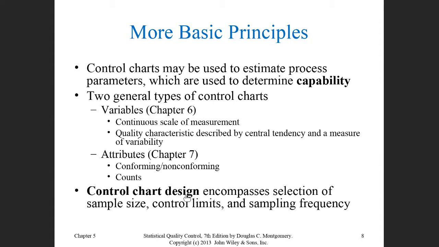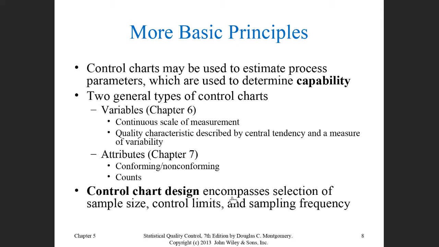The control chart design encompasses a selection of sample size, control limits, and sampling frequency. And this is what I was referring to. The control chart design will be working along with those things, as well as the type of data, whether it is variable or attribute.